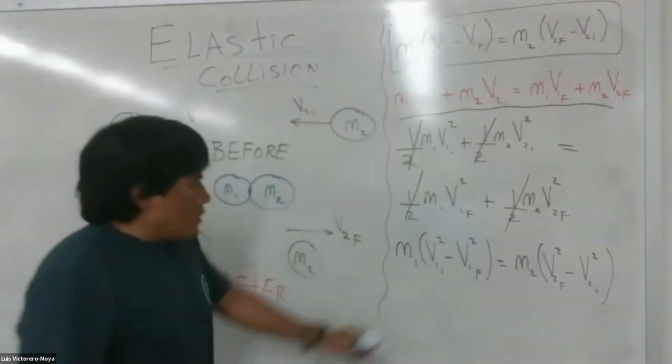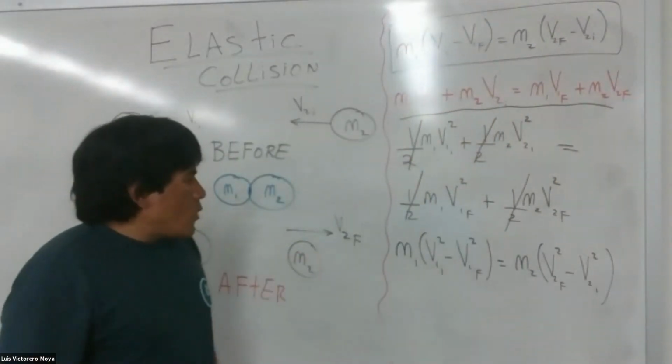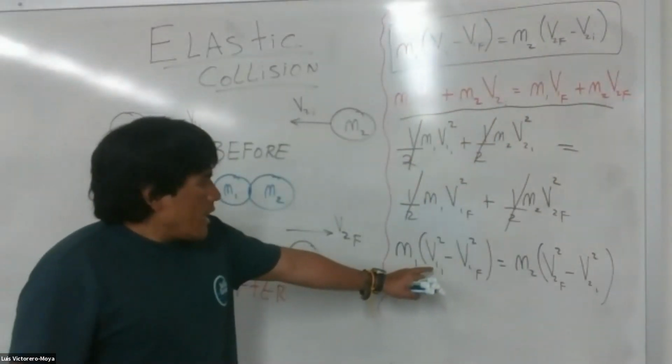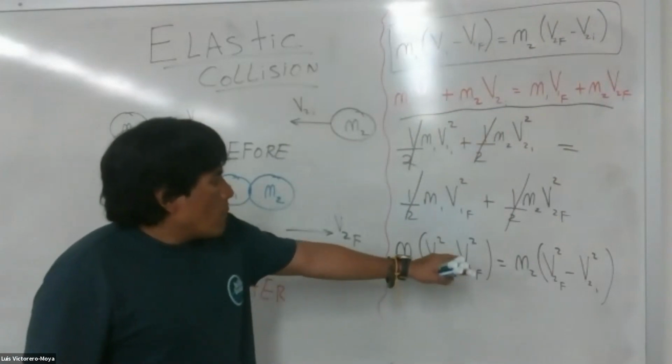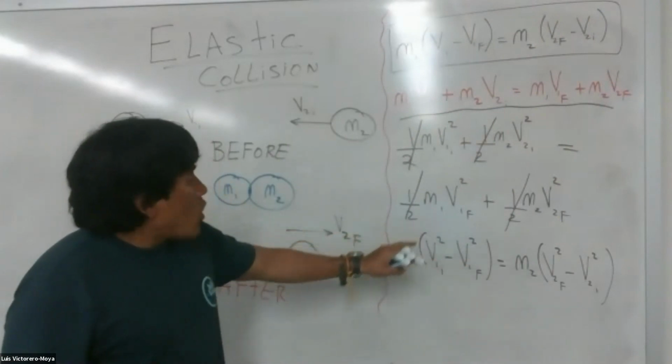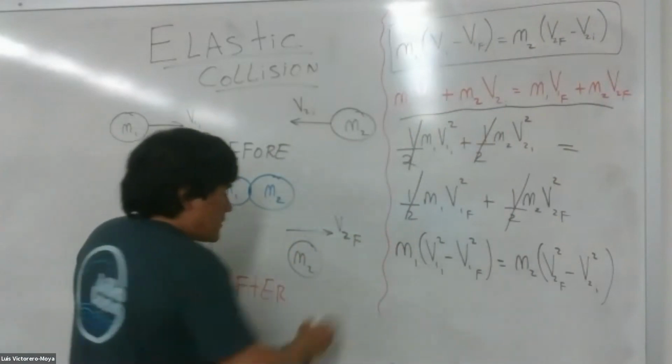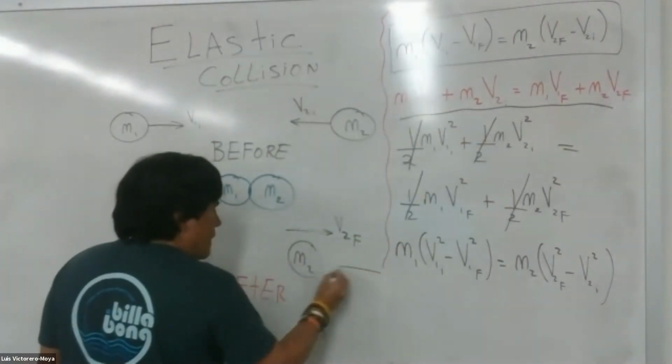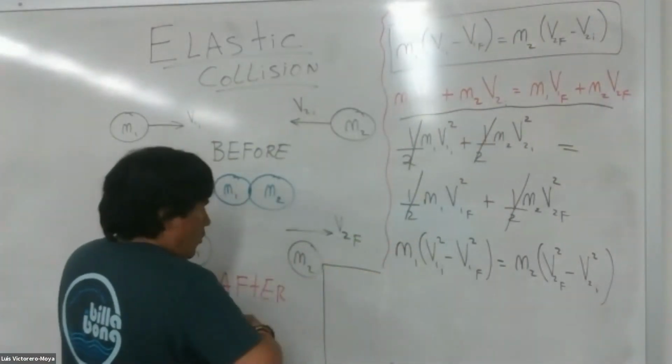I do that because when I apply the difference of squares here, I get V1 minus V2 times V1 plus V2. If I erase this, let's expand this and use another color.